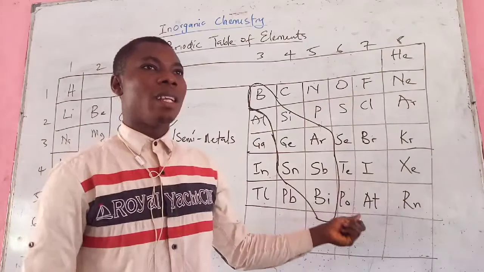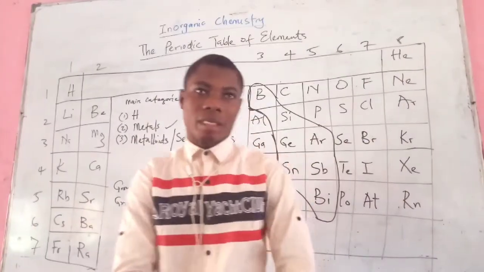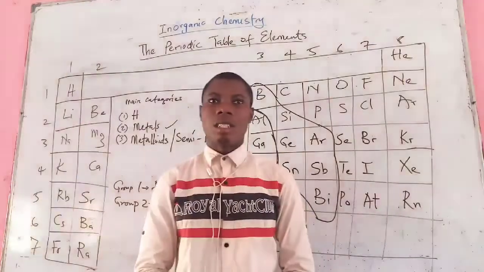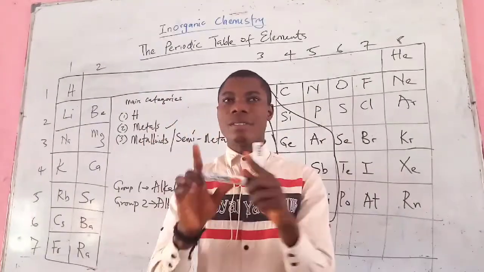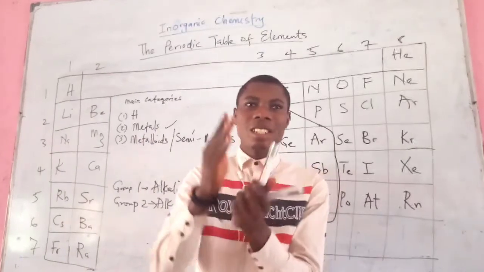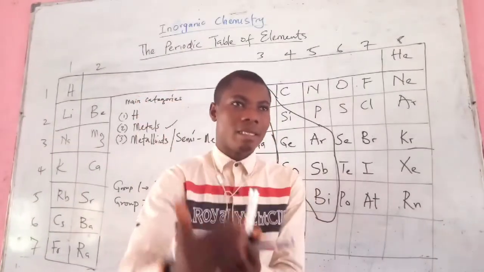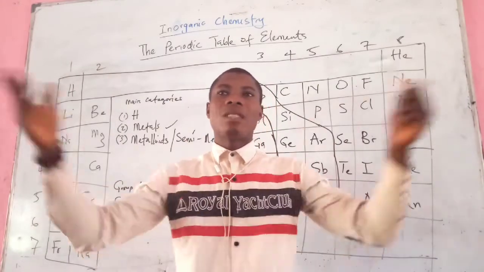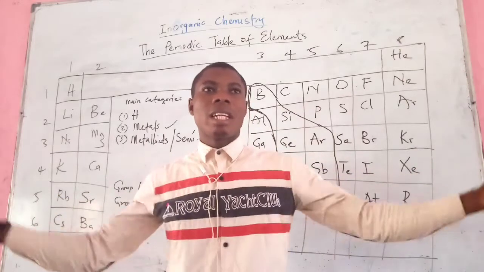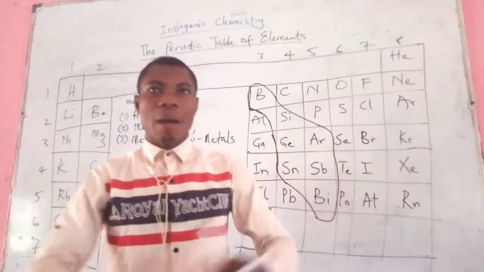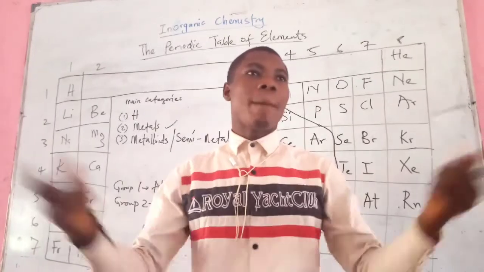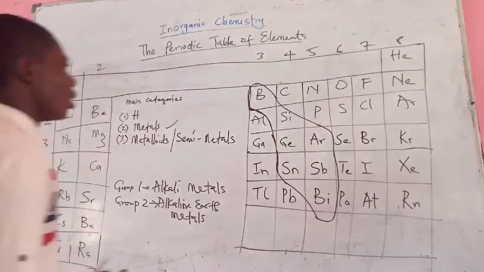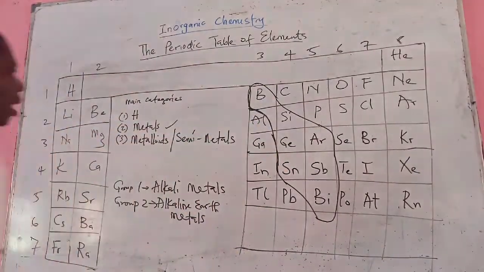But polonium actually is a radioactive element. Polonium is radioactive. We will get there, where we'll be talking about radioactivity. That is the spontaneous disintegration of atomic nuclides, leading to the emission of particles and rays, such as gamma rays, alpha particles, beta particles, and so forth. Good. These are the metalloids.